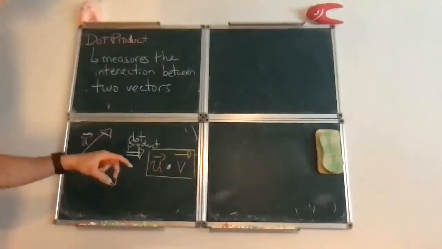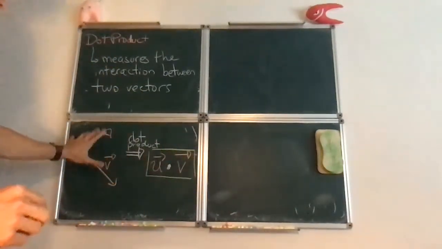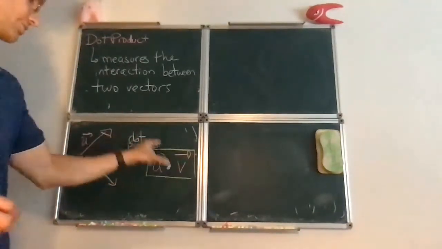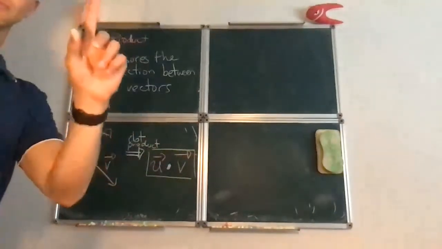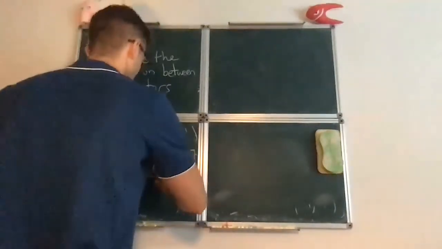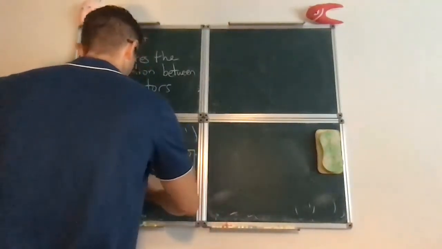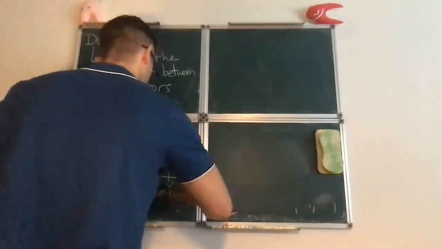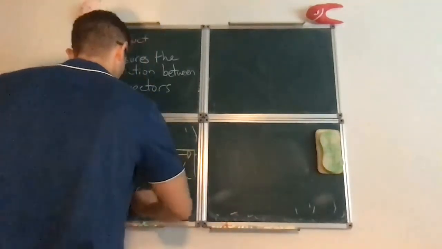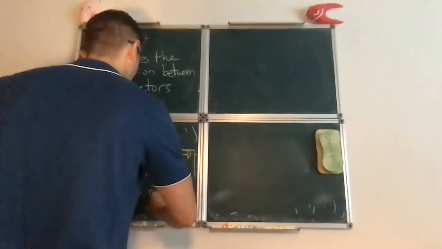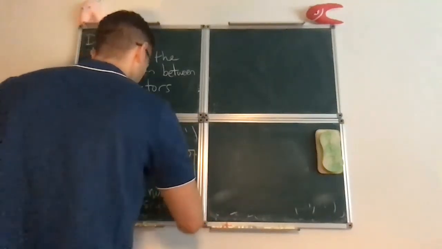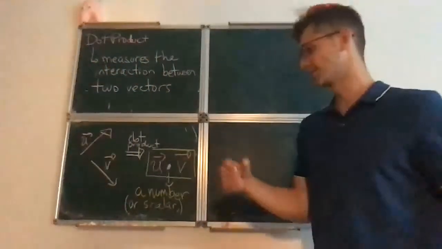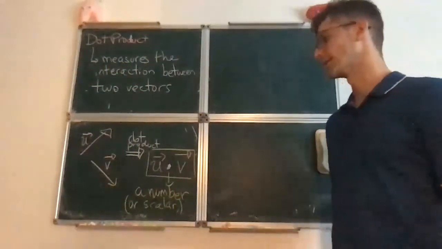Okay, and so what you should think of this is that given two vectors, this operation will give you a single number. So it will give you just a number. Remember a synonym in this course for numbers is scalar, more or less.